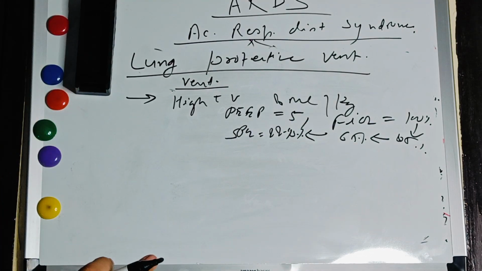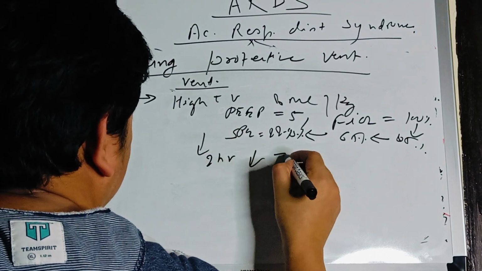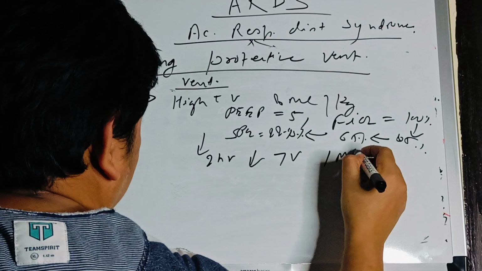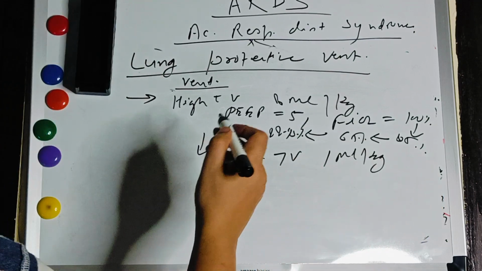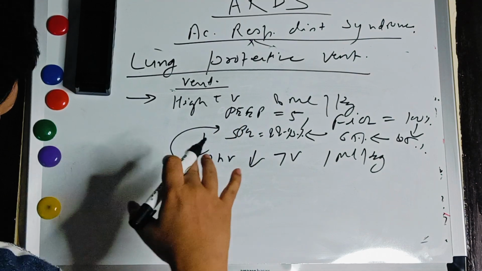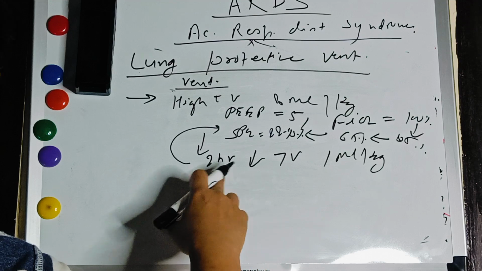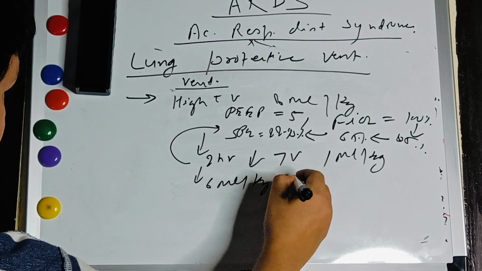So minimum FiO2 has to be kept. And then every 1 hour, every 2 hours, we have to reduce the tidal volume by 1 ml per kg body weight hourly. But we have to maintain this SpO2, and if SpO2 is getting maintained, then we can decrease tidal volume, and the target is up to 6 ml per kg body weight.